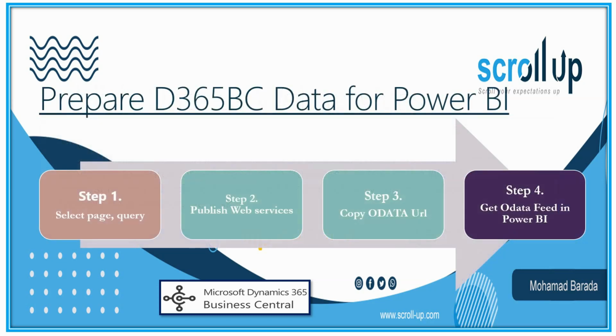We are going to do it together directly after I explain the second chart. So the first one, you create a new line, select a page or query, give it a name, then publish it, copy the URL, go to Power BI and paste the URL in the OData feed, and voila, you can start using this data.